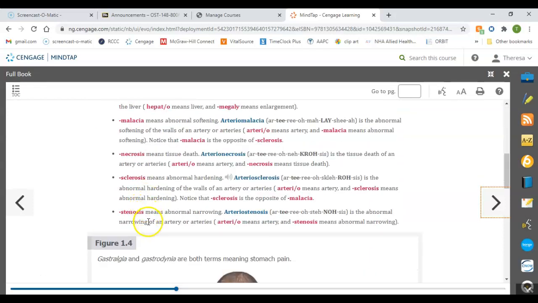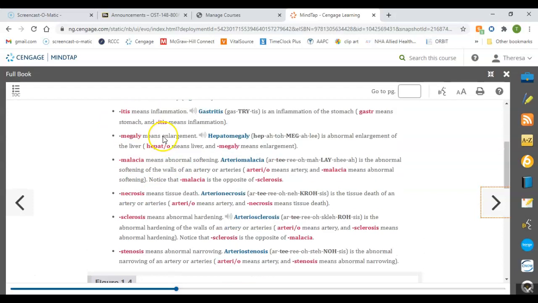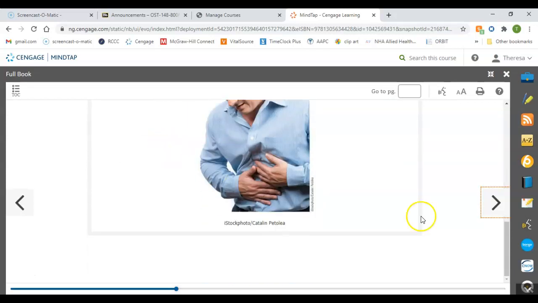And if you do not have these on there from the beginning, make sure you get these on your cards. So stenosis means abnormal narrowing, sclerosis, abnormal hardening, necrosis is tissue death, malacia is abnormal softening. So make sure you get all those put on your cards.